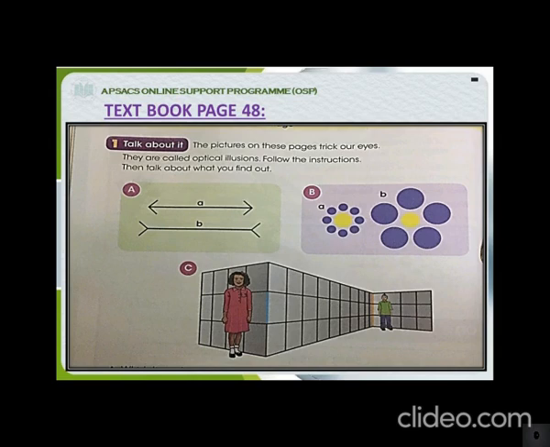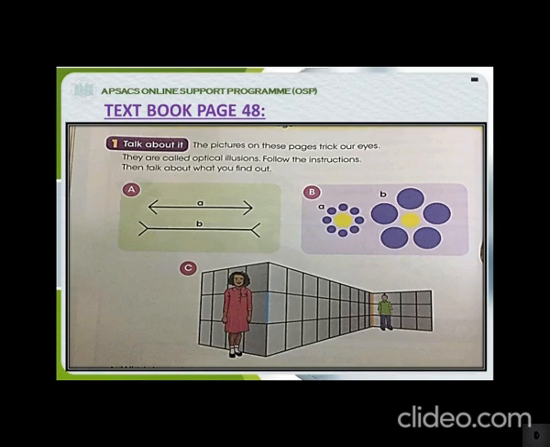The circle that's centrally placed is of the same size in both the parts, but placed among circles smaller than itself, it appears bigger. The same circle in the other part of the image seems smaller because it is placed among the bigger circles.